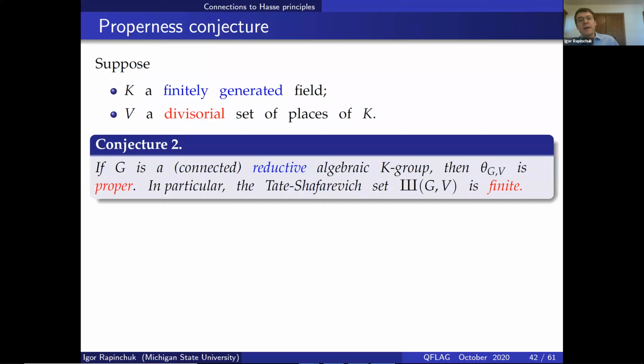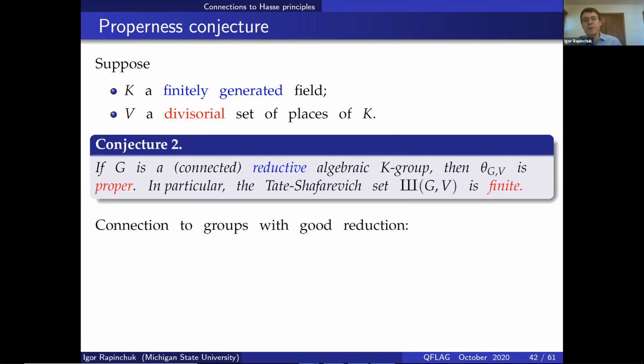Then we expect that if G is a reductive algebraic group over K, then the corresponding global to local map is proper. In particular, the Tate-Shafarevich set is finite. Okay, and a little later, I'll discuss some available results on this. Again, in particular, we've been able to resolve this completely for algebraic tori.